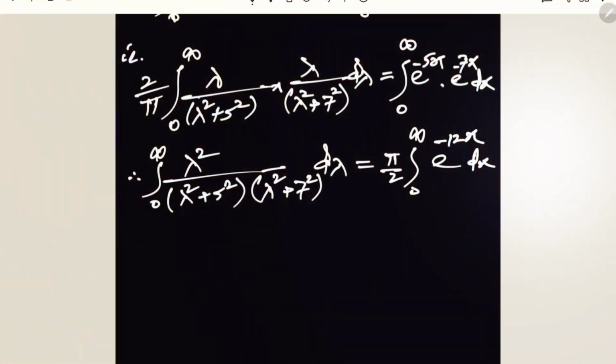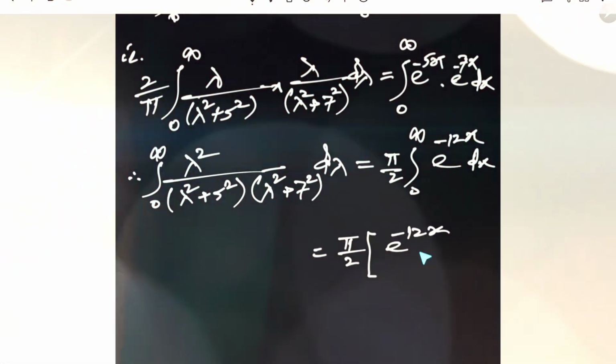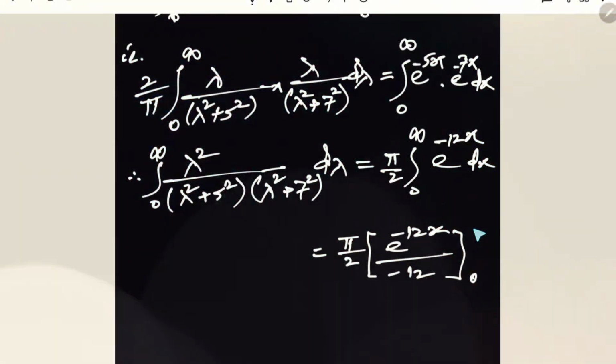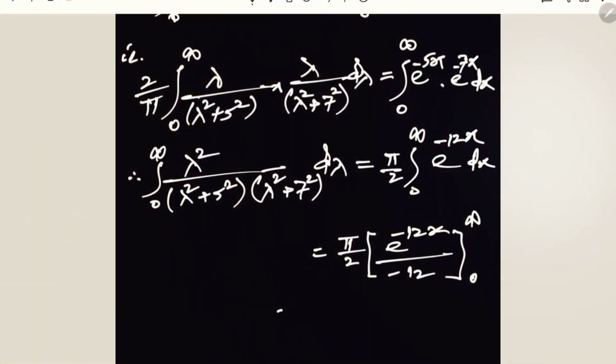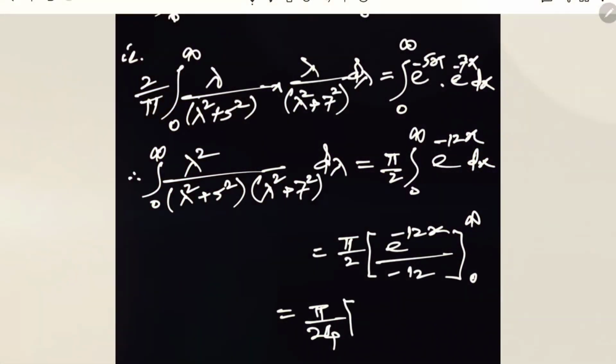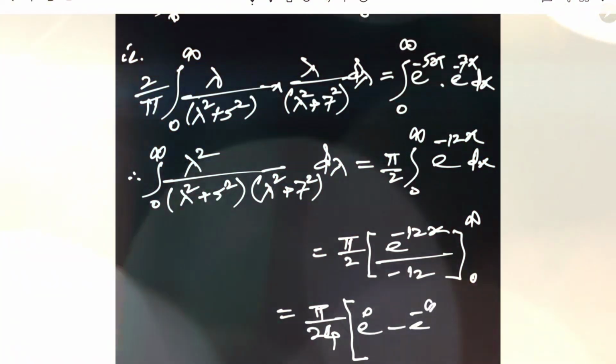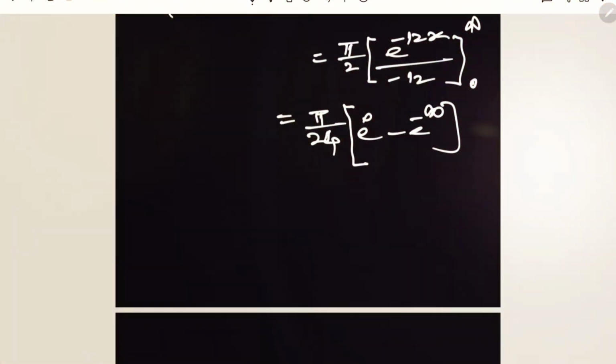Integrating this term with respect to x, we get pi by 2 as it is, no change, times e raised to minus 12x divided by minus 12, limit from 0 to infinity. That is pi by 24, cancelling the minus sign by changing the limit. Upper becomes 0, e raised to 0 is 1, minus e raised to minus infinity.